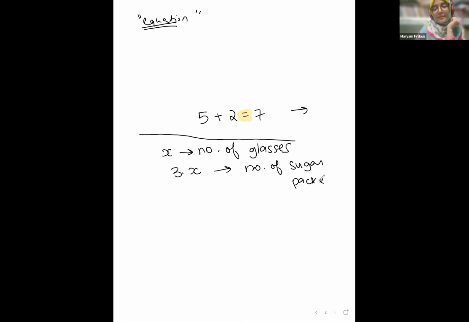Just saying, for example. I just made it up, so it doesn't really make any sense. So this is a variable term, and this is also a variable term. Why? Because it has a variable.